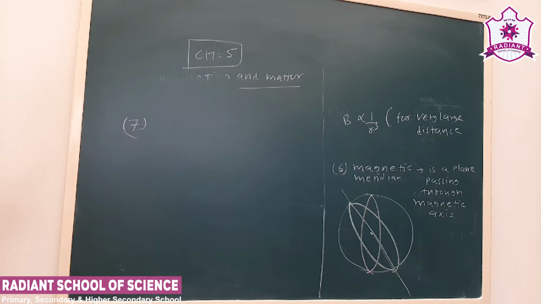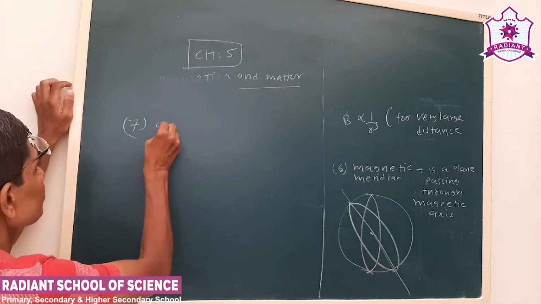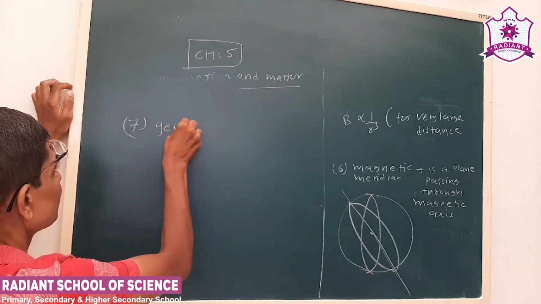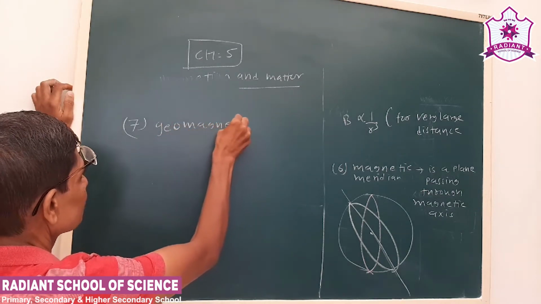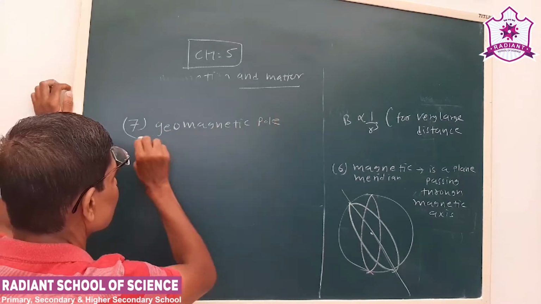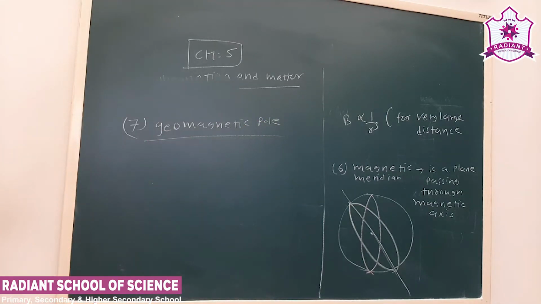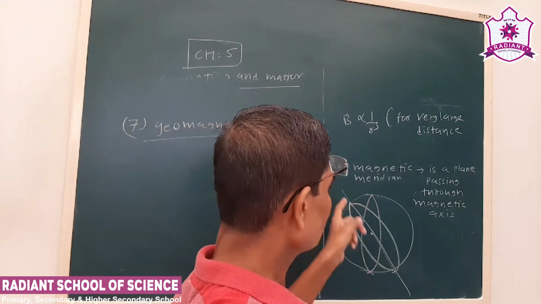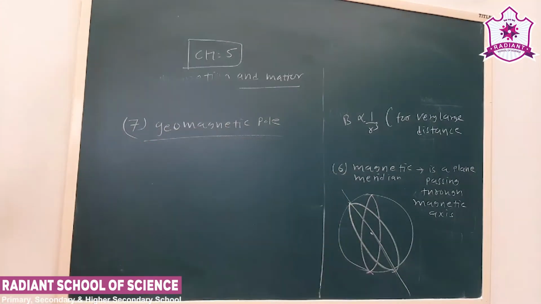Now see a geomagnetic pole. Here at a geomagnetic pole, a magnetic needle is kept to oscillate in a horizontal plane. Now see, this is our geomagnetic pole.